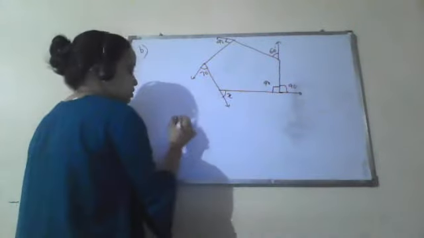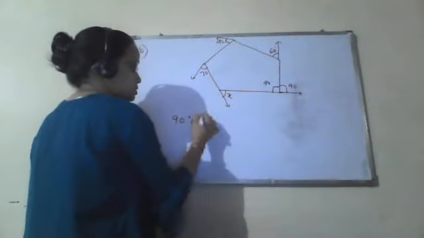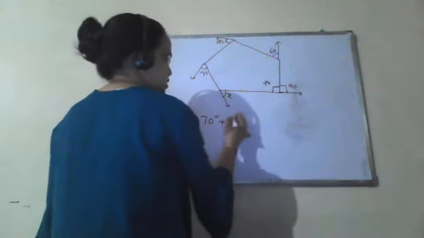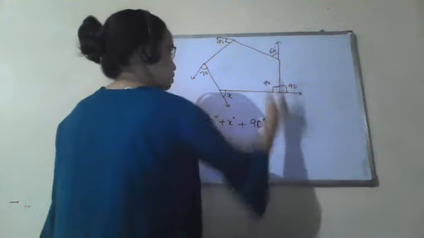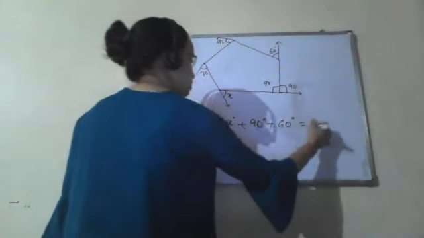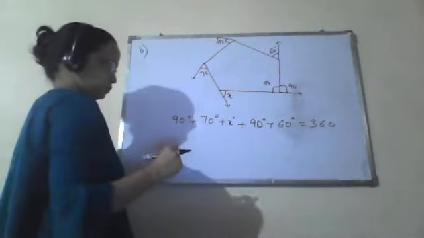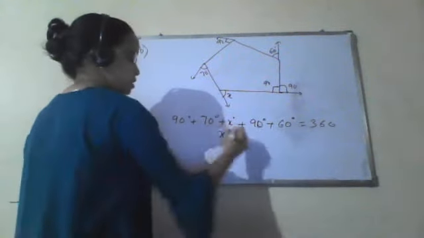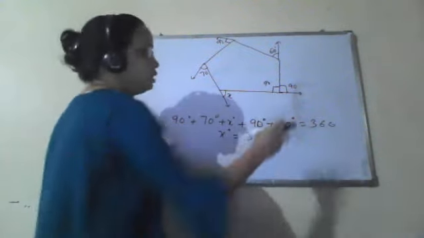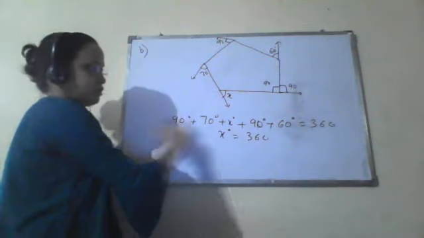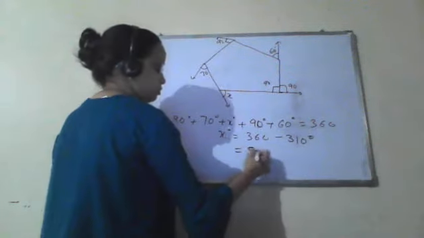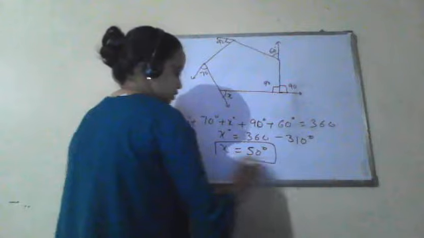So we can write this 90 plus this 70 plus x plus this 90 plus 60 degree is equal to 360 degree, and x will be equal to 360 minus, this is 90 and this 90, 180. 180 plus 60 will be 240, and 240 plus 70 is 310. It comes out to be 50 degree. So the value of x is 50 degree.